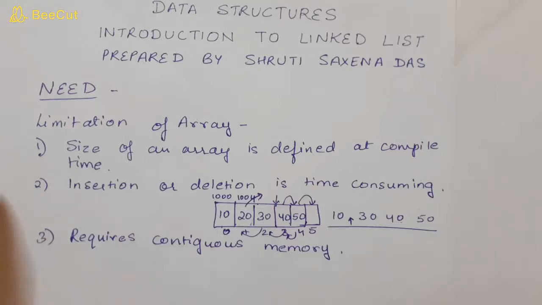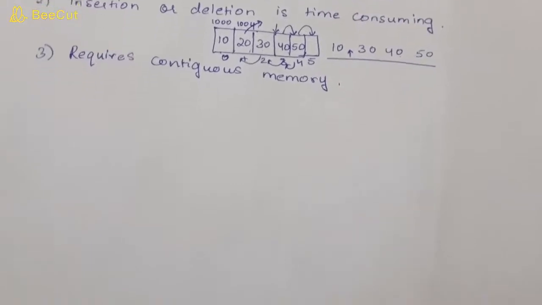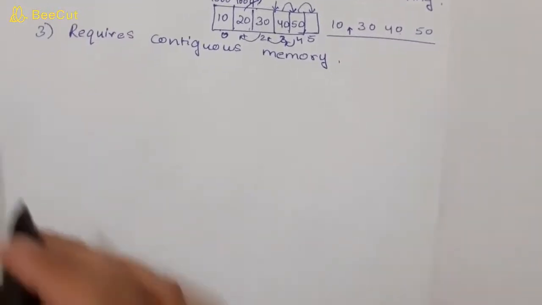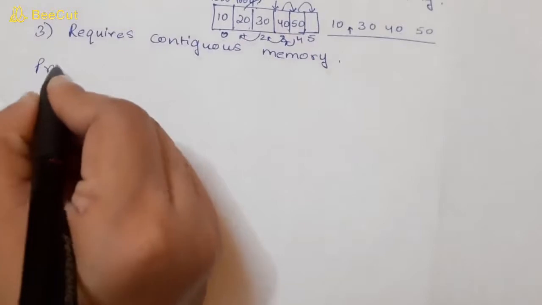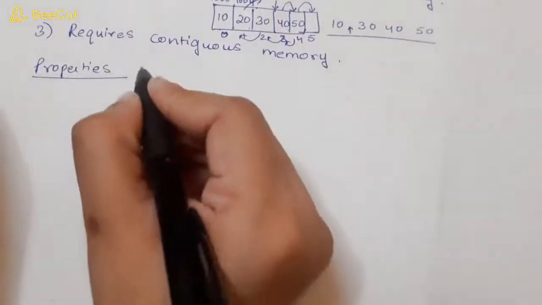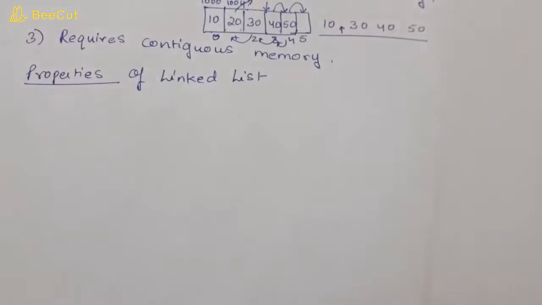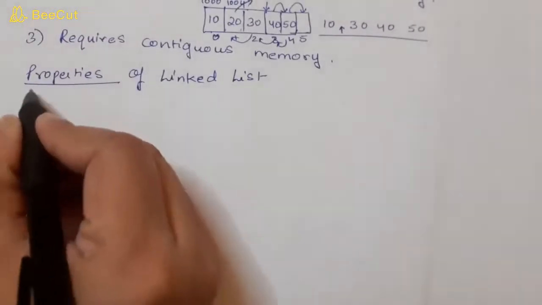Now we'll discuss what exactly are the properties of linked list. The first property of linked list is that we do not require to store elements in contiguous memory locations.